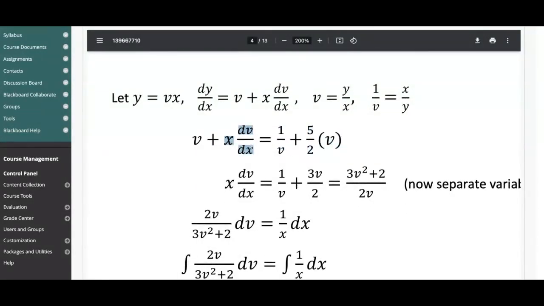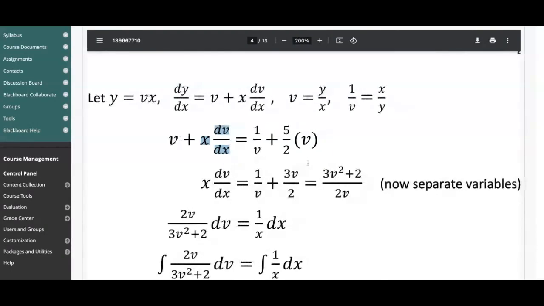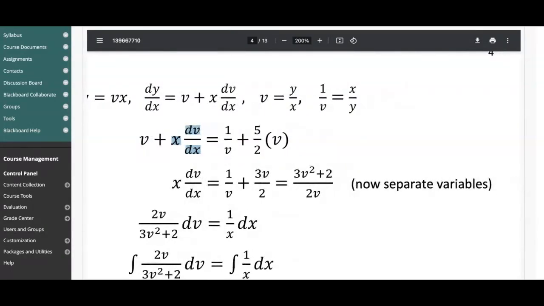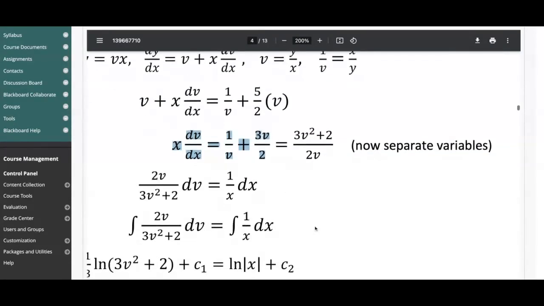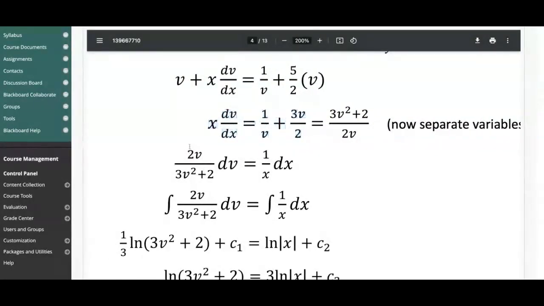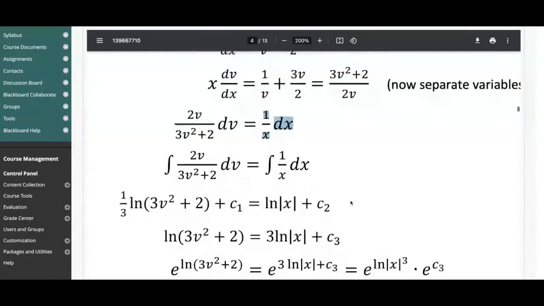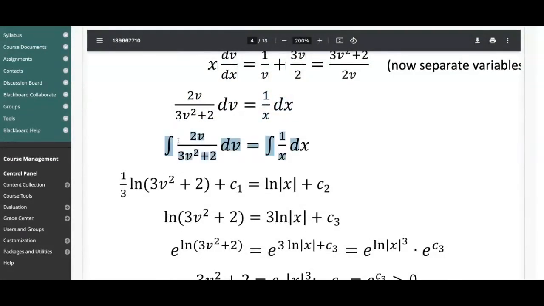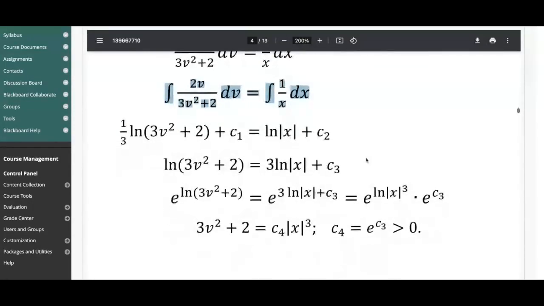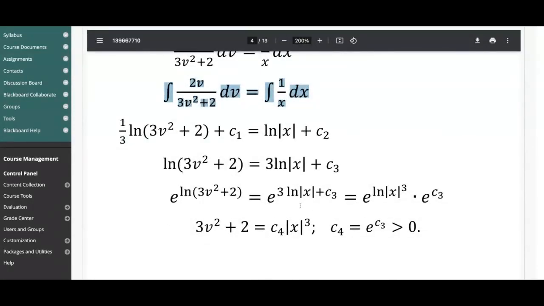We write it this way because we know that if it's a homogeneous equation, when we do this substitution, we get a separable equation. With separable equations, we know how to solve, right? We integrate both sides, and you know the rest.